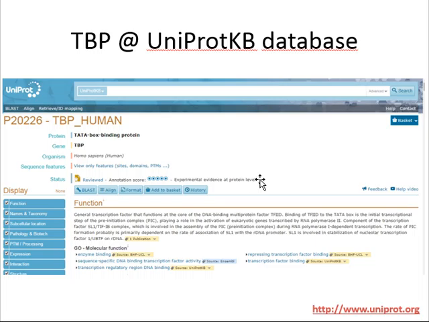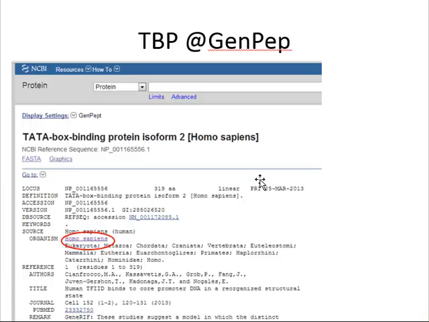This database is the European database, but as for the other databases, there is also a database from the USA, the NCBI database, called GenPept, the specific database for proteins. And once again, you have its accession number and all the information on the organism and the references, and if you want the FASTA format of this protein, you only need to access FASTA.